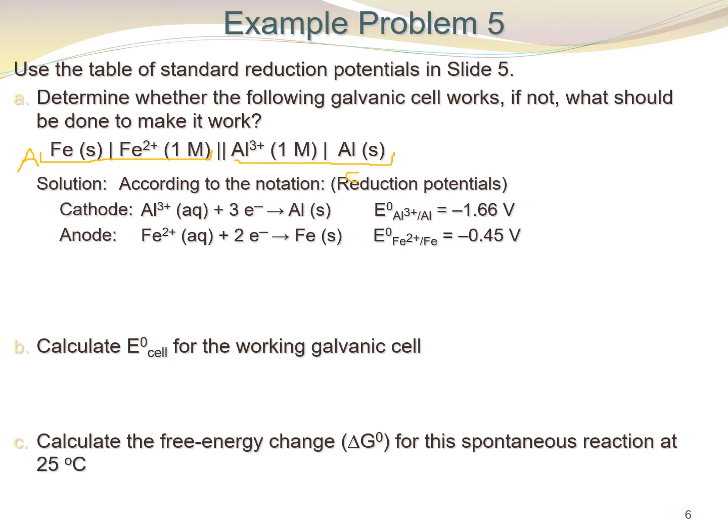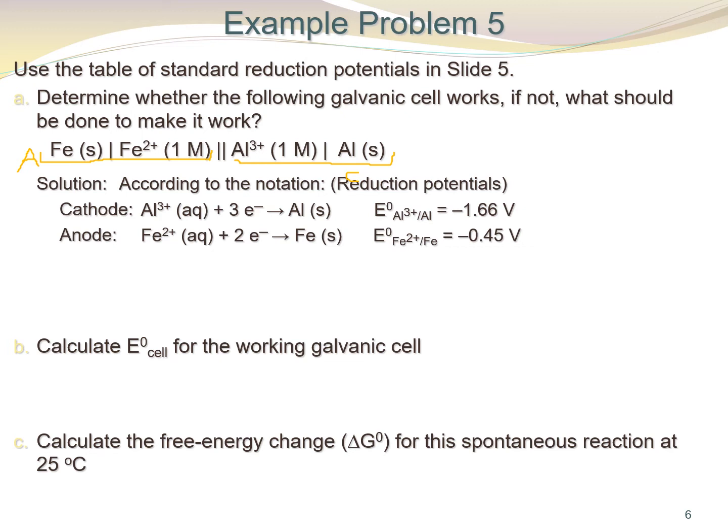Negative means reduction is not favored; the oxidation actually is favored. And for the cathode, we understand the cathode is where reduction happens, and this is the potential we have. Meaning the reduction is even less favored.